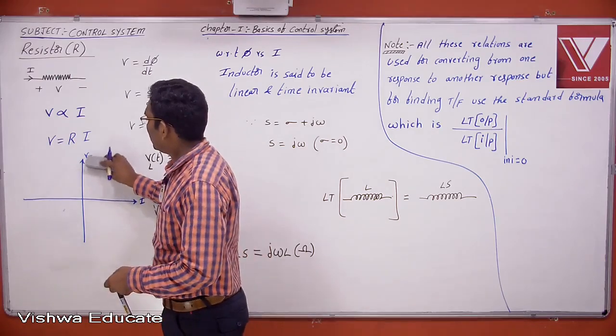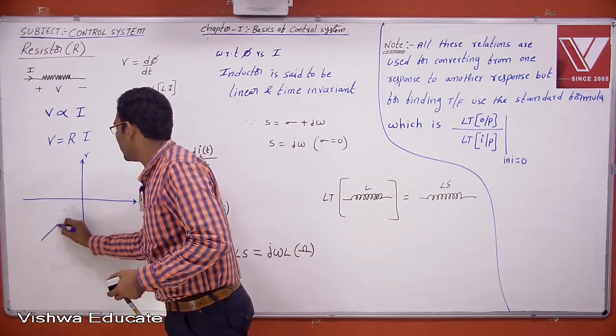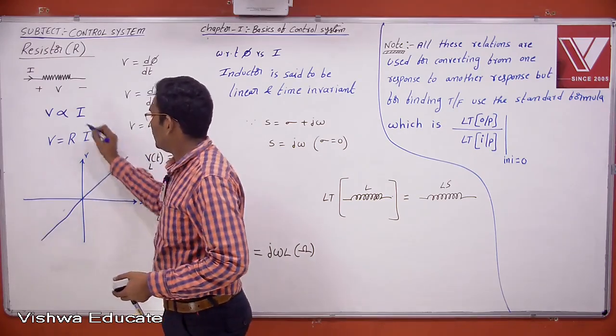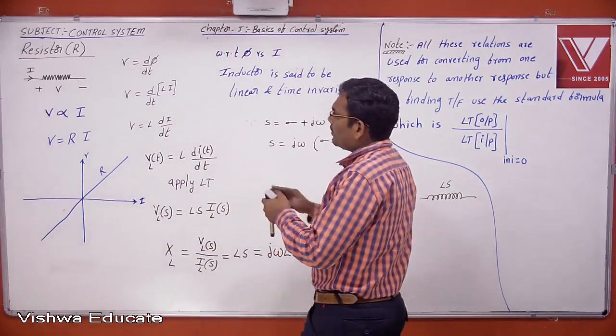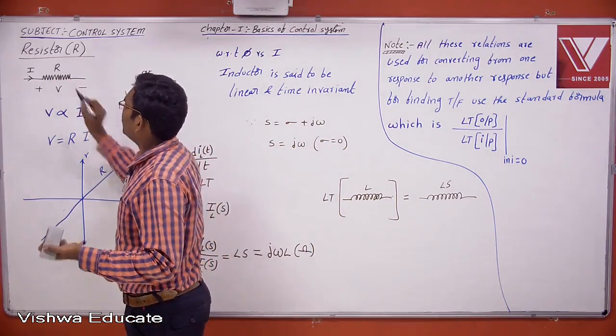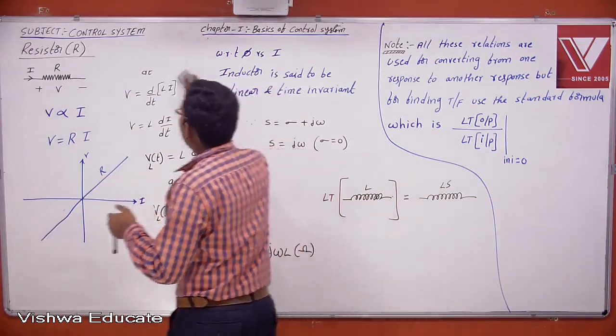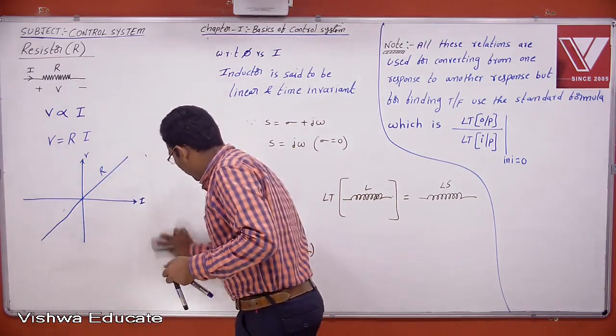The characteristics are linear because this is directly proportional, and this linearity constant or slope is R. And we know that the behavior of the resistor is always dissipative in nature, which always opposes the flow of current.